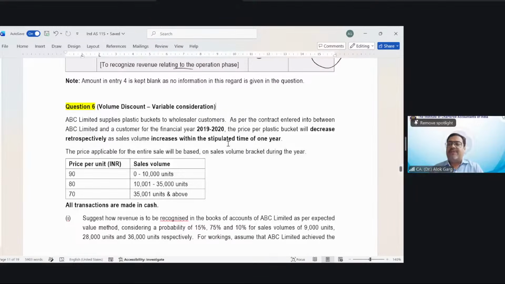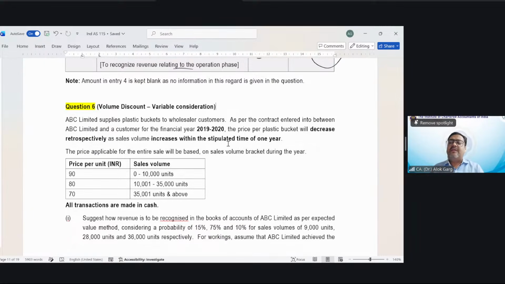For example, Pepsi, Coca-Cola, they are selling goods to the retail chain stores throughout the year, and they have a volume discount. For example, if you buy X quantity, we'll give you 5% discount. If you buy Y quantity in the year, we will give you, let's say, 10% discount on the entire quantity, the earlier quantity as well as this quantity also. So volume discount means discount on the basis of volumes.